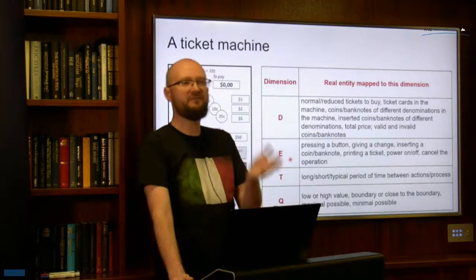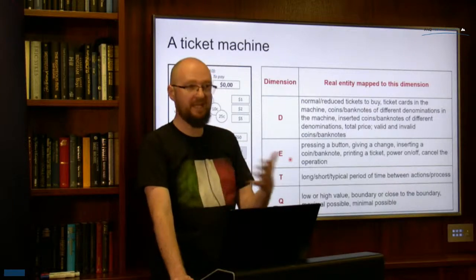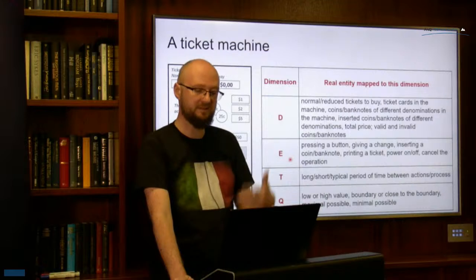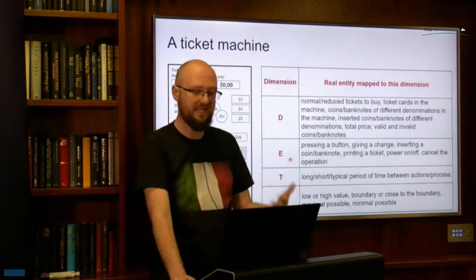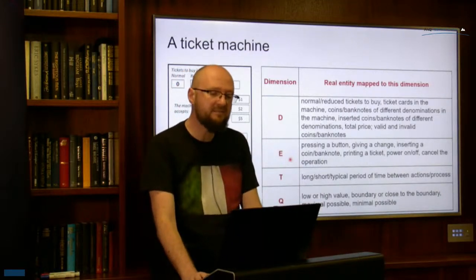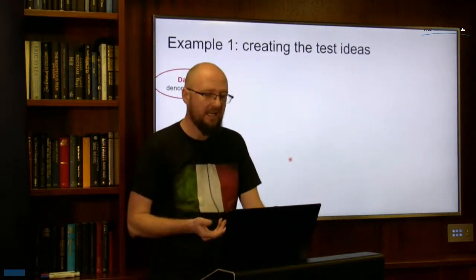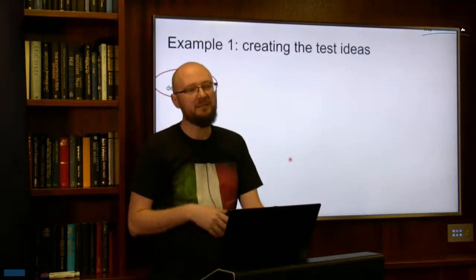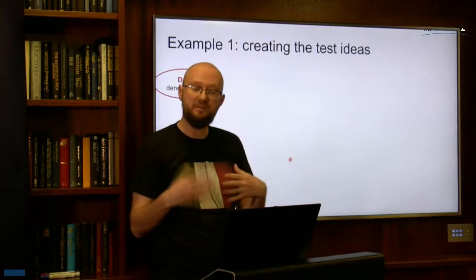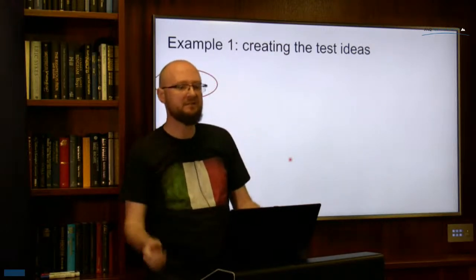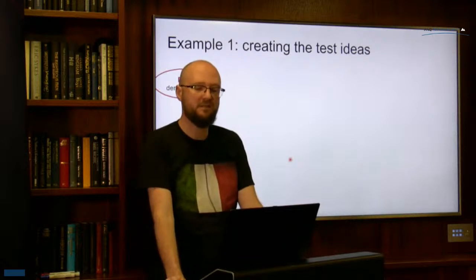So the tester can define, basing on the context, on the system under test, these dimensions: data, events, time, and quantity. And then the tester may try to somehow combine these concepts, and this will result in creating some test ideas. During this process, the tester may think about some things that they can verify.